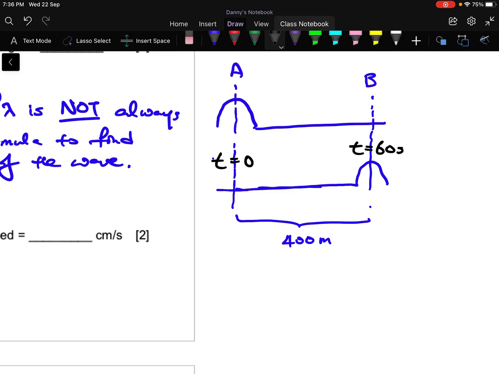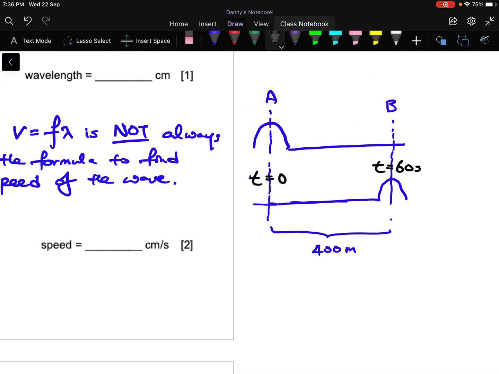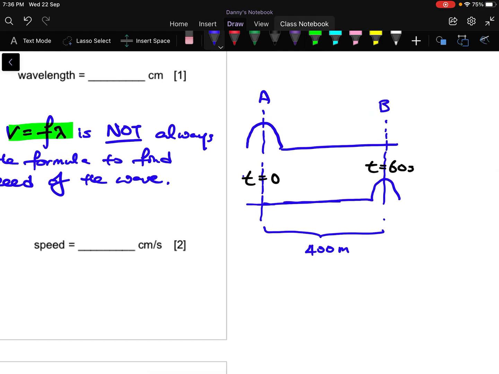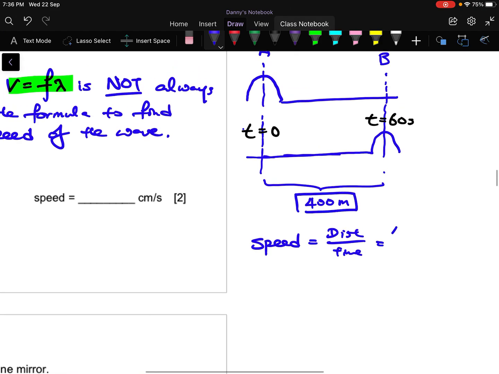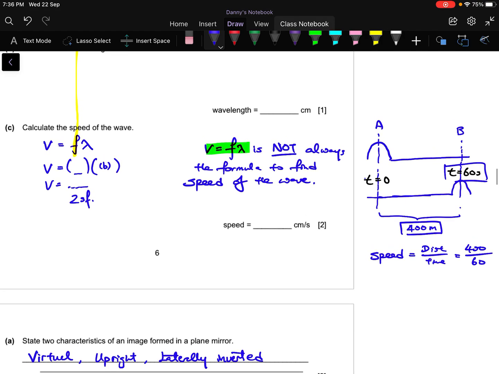Can you find the speed of the wave? If you try to use v equals f lambda, you will find that you cannot find any data because there's no frequency given, there's no lambda given. So in this case, when you want to find the speed of this particular crest or wave, you can just take distance over time. The distance is the distance traveled by the crest, which is 400, and the time taken in this case would be 60. So there are different ways of finding speed. You need to be flexible in this.